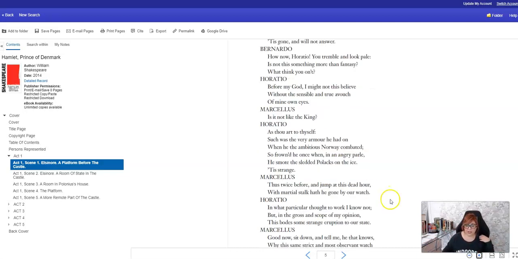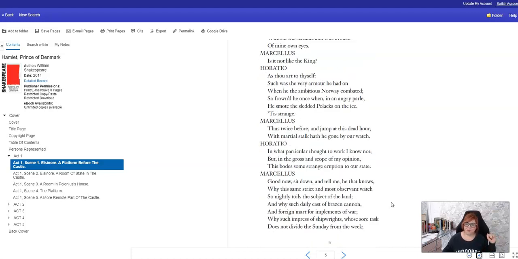So, Marcellus: "Thus twice before, and jump at this dead hour, with martial stalk hath he gone by our watch." So the ghost shows up, and he's very timely. He's always on time. And then Horatio: "In what particular thought to work, I know not. But in the gross and scope of my opinion, this bodes some strange eruption to our state."